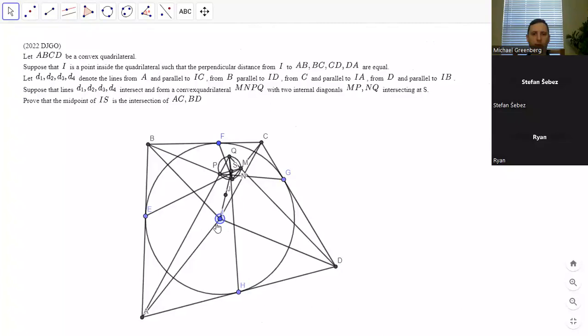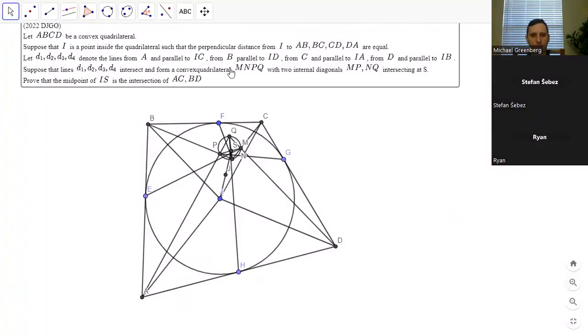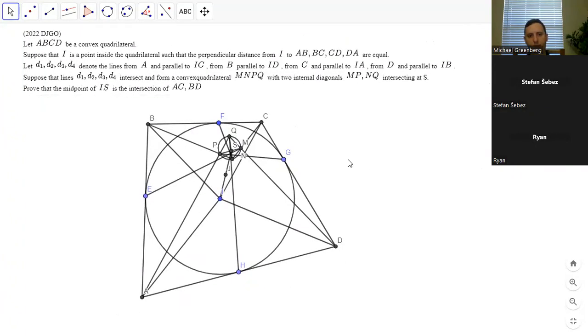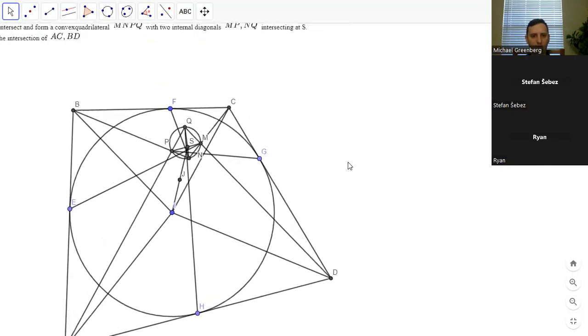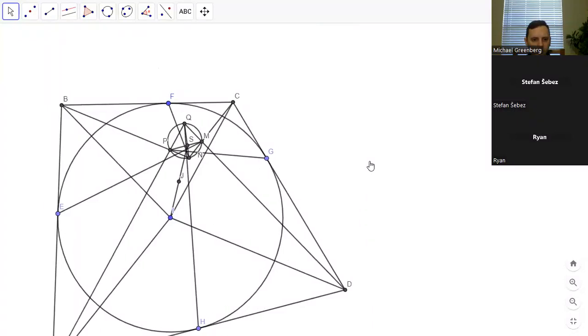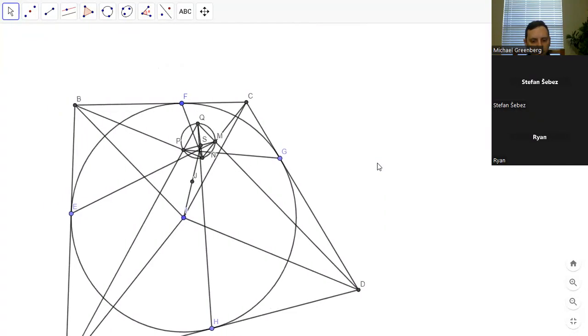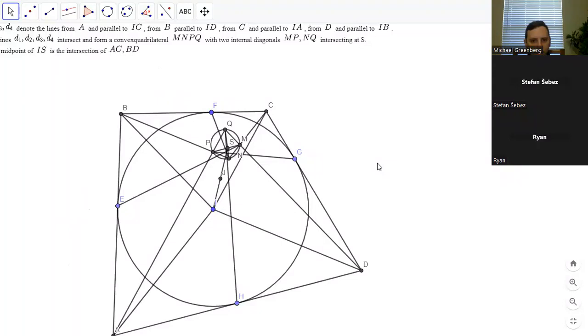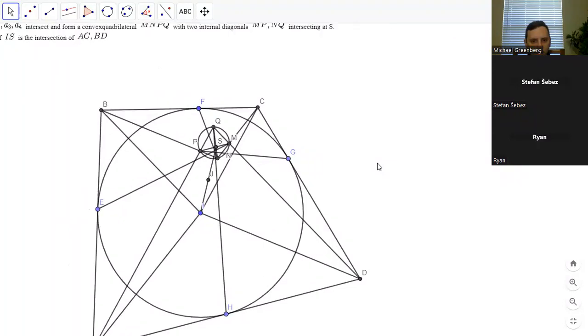I guess that point would have to lie on IS. So let's see if I drew everything right. FN, QH, ME and PG.